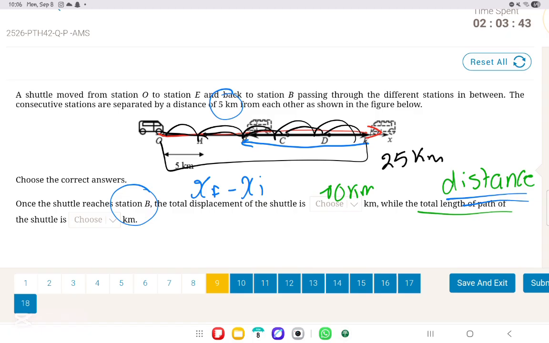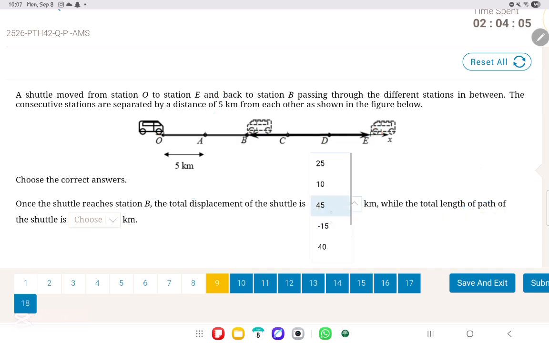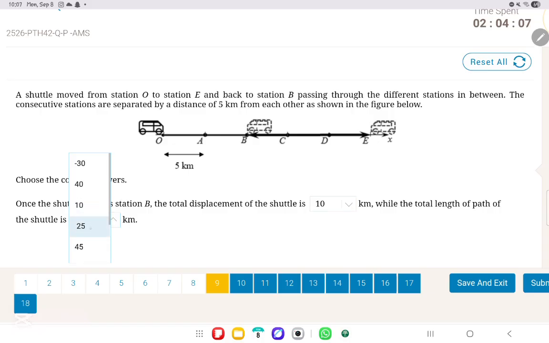Then it goes back 1, 2, 3. So that's 15 kilometers. Now you add them, 25 plus 15, and you get in total 40 kilometers. So again, displacement is x final minus x initial, whereas distance is the total length of the path covered. So this is 10 kilometers, and this is 40 kilometers.